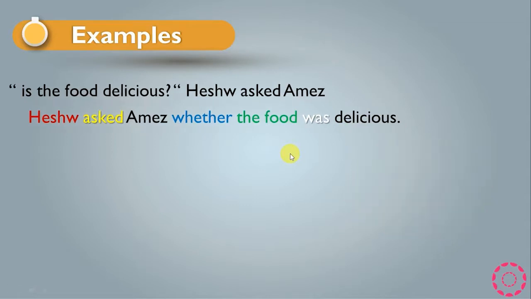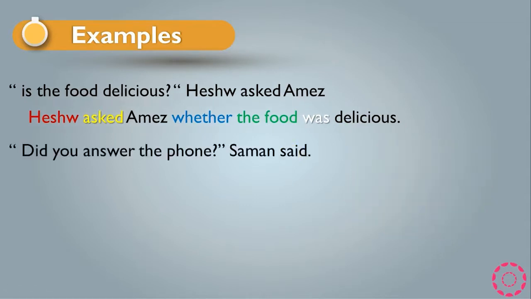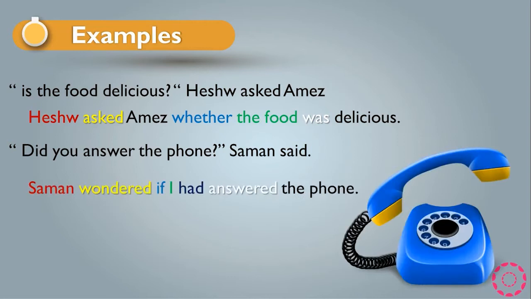Another example. Did you answer the phone? Simon said, did you answer the phone? You know that we have did here, and we said if there is did, we remove it and change to past perfect. So it became: Simon wondered if I had answered the phone. We removed did and changed the sentence to past perfect.